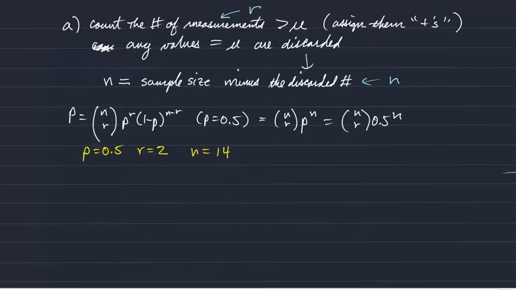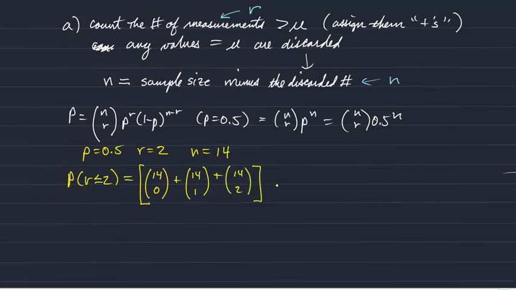So the probability of r less than or equal to 2 is therefore the binomial coefficient for no successes, no value greater than 98.5, plus the binomial coefficient for one value exceeding 98.5, plus the binomial coefficient for two successes, all times 0.5 to the 14th power, and we get a cumulative probability of 0.0065.